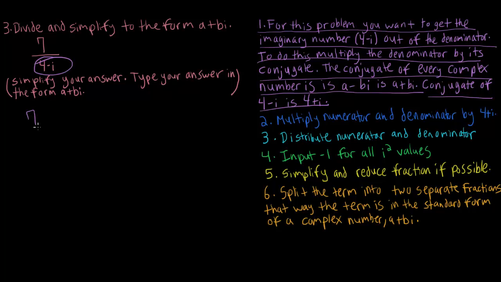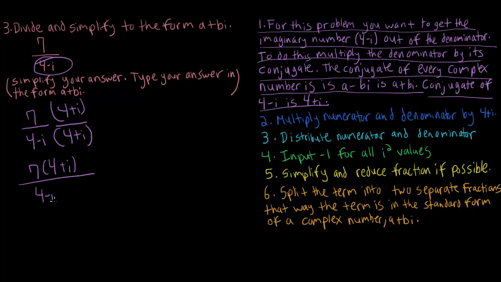So if we write our problem, we have 7 over 4 minus i, and we would just multiply the numerator and the denominator by 4 plus i, which is the conjugate. And then if we write it again, 7 times 4 plus i over 4 minus i times 4 plus i.